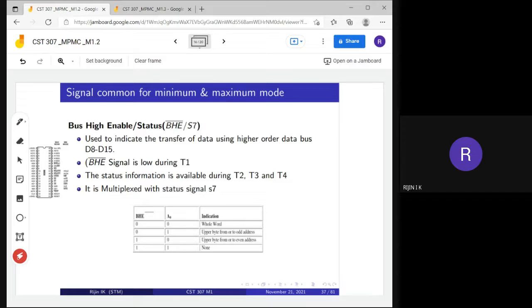During the first clock cycle, it acts as a BHE pin to indicate the transfer of data using the higher-order data bus. Then in the remaining states, it shows the status signals.